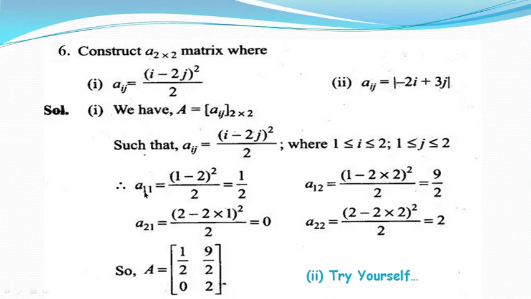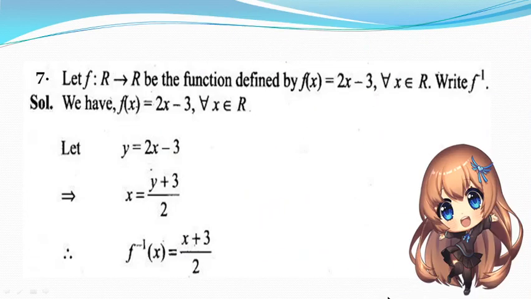First of all a11, it means i is 1 and j is also 1. So (1 minus 2) upon 2, and in the numerator we will have square as well. So 1 minus 2 is minus 1 square, 1 by 2. This way we can calculate the rest 3 elements also, and the matrix will be ready. Second part, you please try yourself.